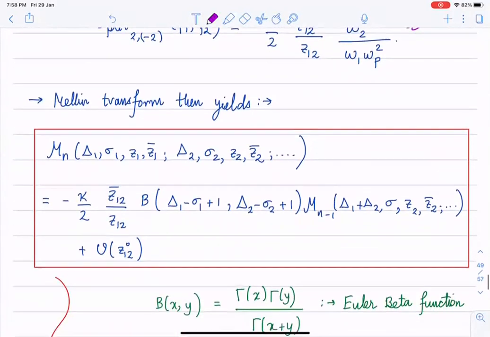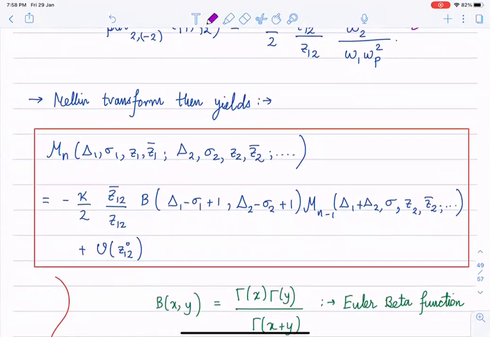If you do a Mellin transform, you get an object of this kind: an n-point Mellin amplitude gets related to an (n-1)-point Mellin amplitude in the following fashion, where you have some leading coefficient given by some number, denoted by this factor, and then some factors of z bar which look like this.